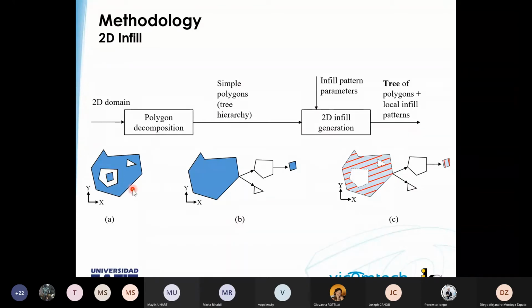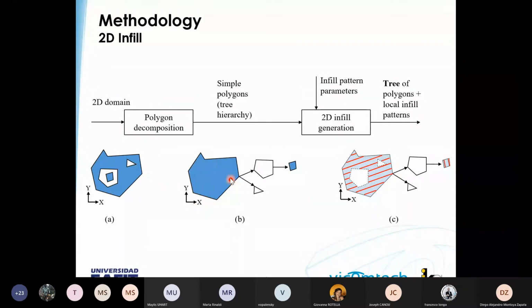So we wanted to consider that. We also wanted to consider that each of these regions to be filled could be filled using different infill patterns. So in order to get that, we basically decompose our 2D region into a tree hierarchy.